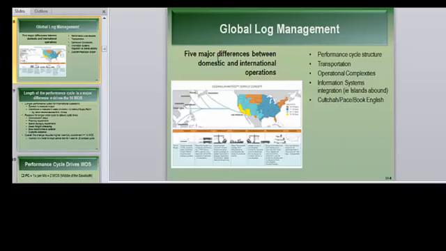But what I really want to stick with you are the 5 major differences between domestic and international operations. We remember the performance cycle structure, 100 days of inventory. Transportation is driving that because of all that time on the ocean. Operational complexities, the whole thing about trust and the lack of integrated systems, and that's mentioned below.